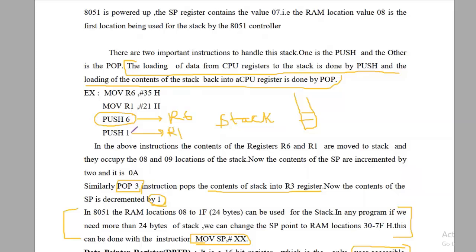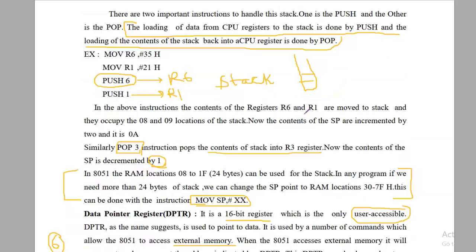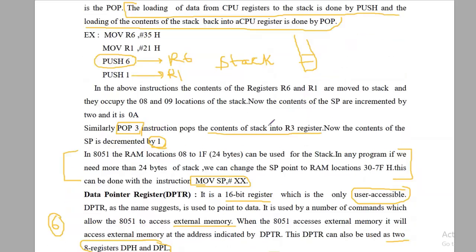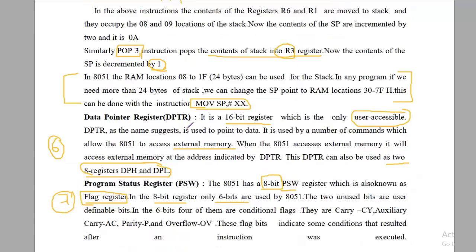Similarly, if you say PUSH 1, the value present in register 1 will be pushed onto the top of the stack. Similarly, when you pop, if you say POP 3, then the topmost value present in the stack will be moved to register R3. Okay, so 3 means register R3 here, and the stack pointer which is pointing to the top of the stack will be decreased by 1.